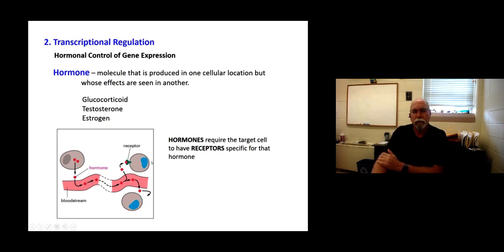Those cells, in order to respond, must have receptors. Receptors are other proteins that can capture these and respond to these hormones. So these proteins have to work together. We'll see a model of that in just a moment. But the point here is that you have these hormones and you must have some type of receptor. The basic idea is that if you don't have a receptor, you get no response.